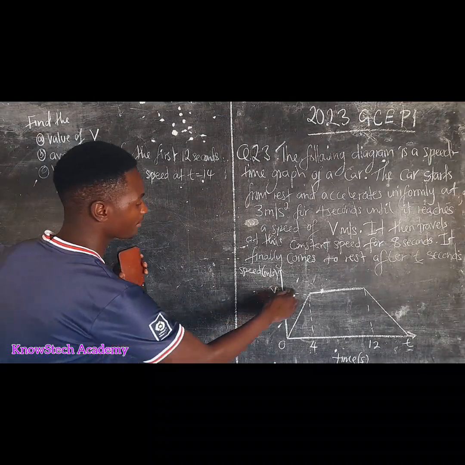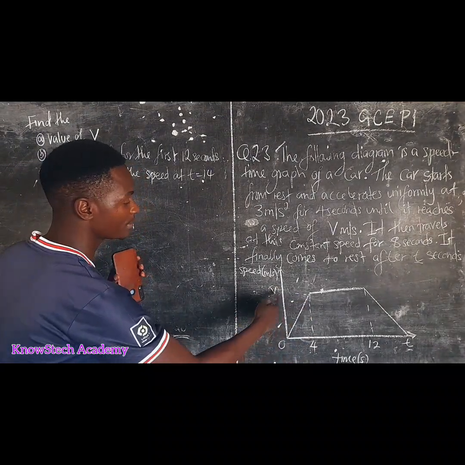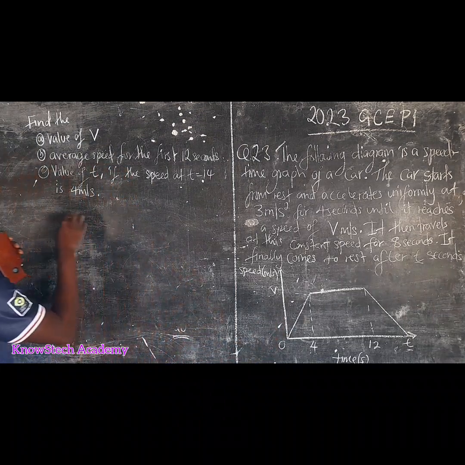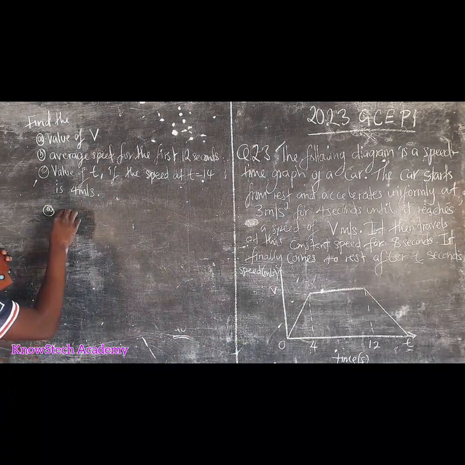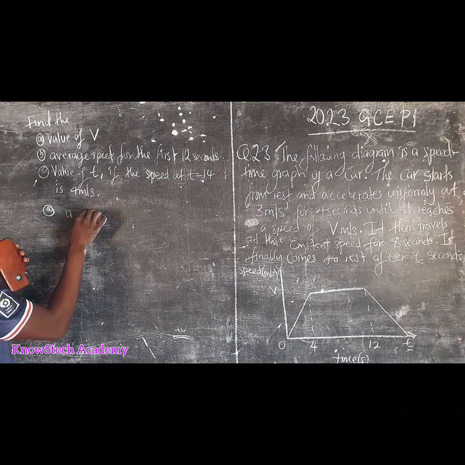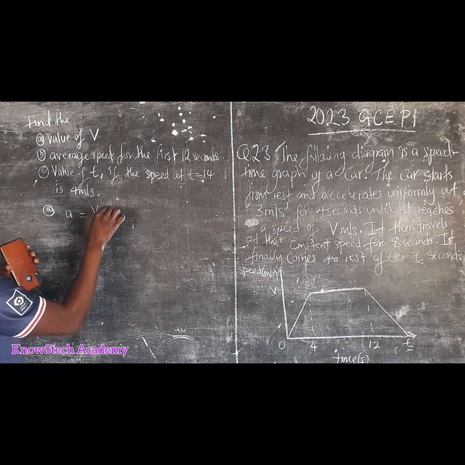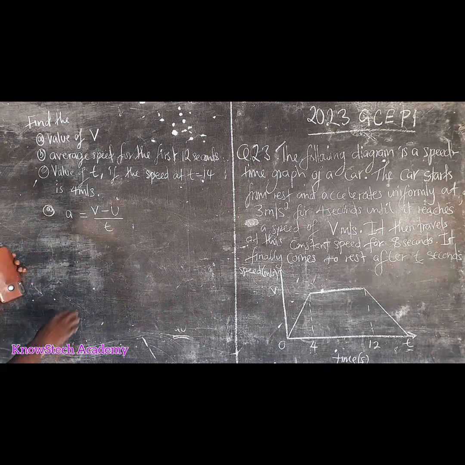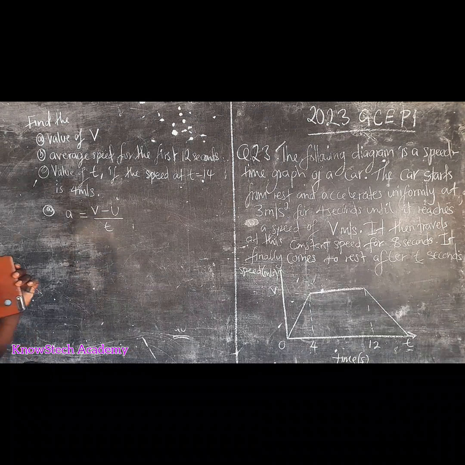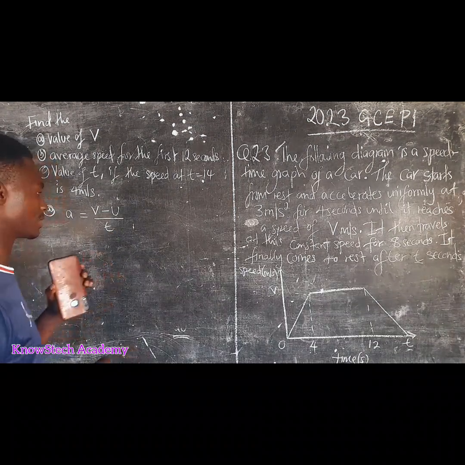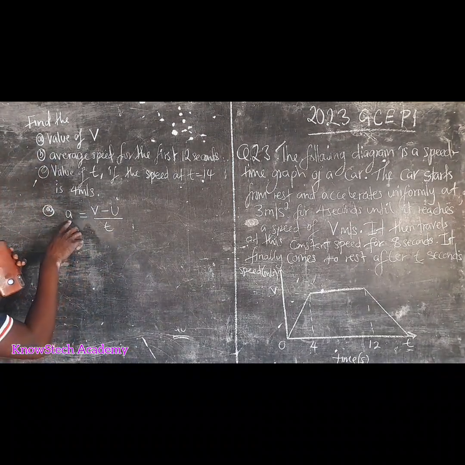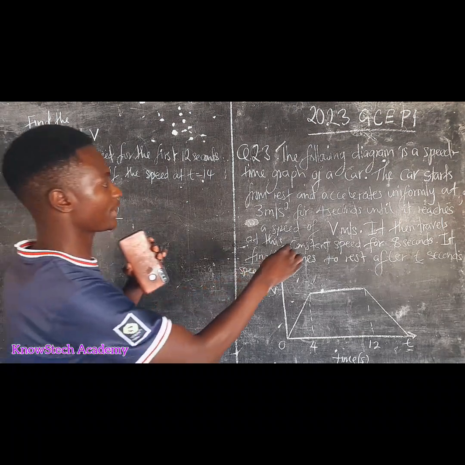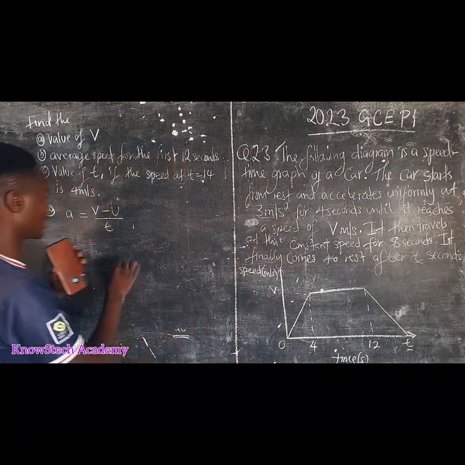So we can find the value of v by using this formula. Acceleration is equal to final velocity minus initial velocity over time taken. So let's just substitute without even making v the subject of formula. The value of a is acceleration, the one we are given here as 3 meters per second squared.